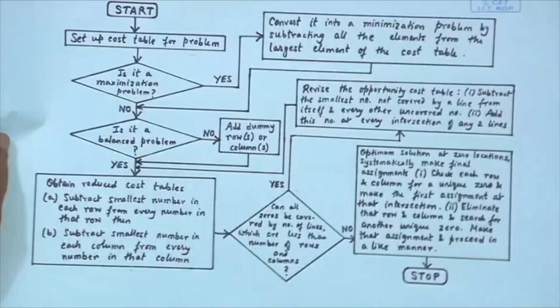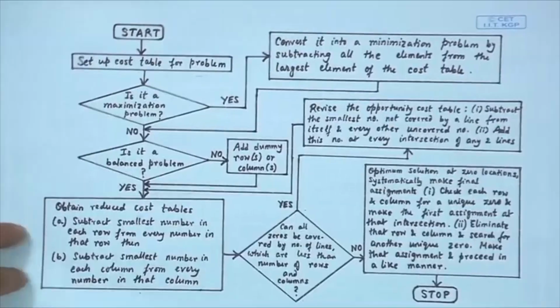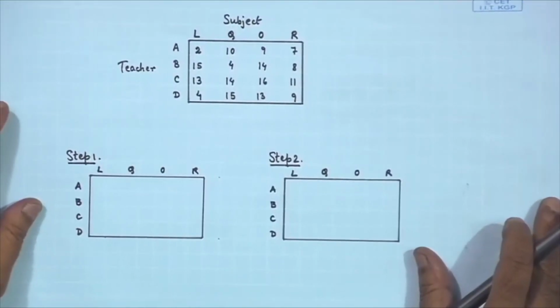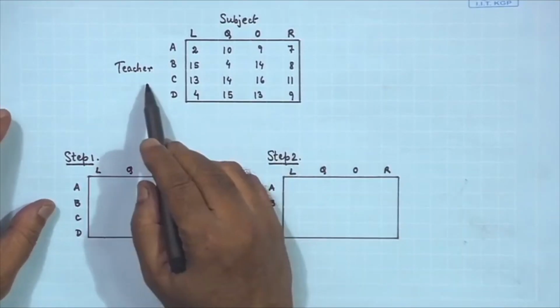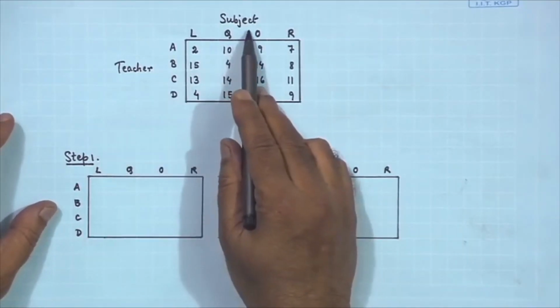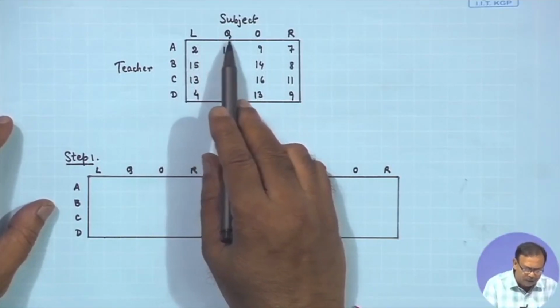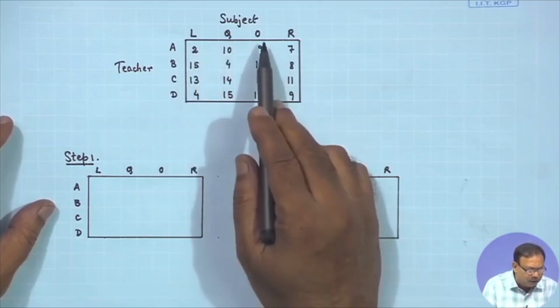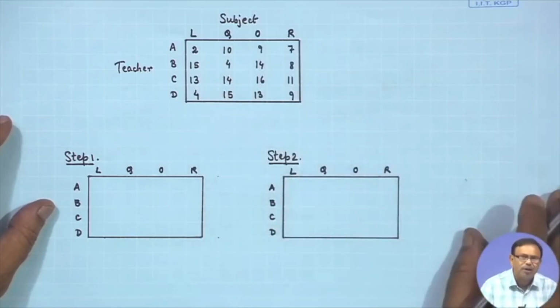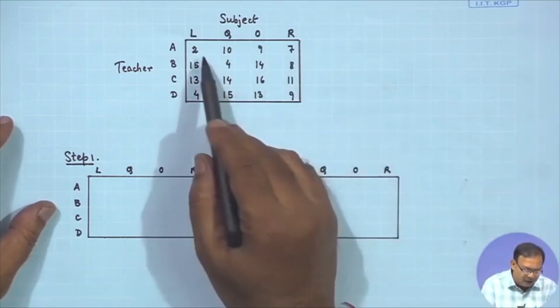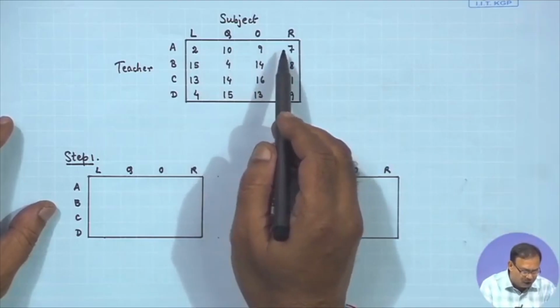So, let us directly take the example over here. From the example, it will be very clear to you. Suppose you have some teachers and some subjects. The subject names I have given as, say, linear programming problem, queuing theory, operating system, real analysis, something like that, and the associated costs are there.